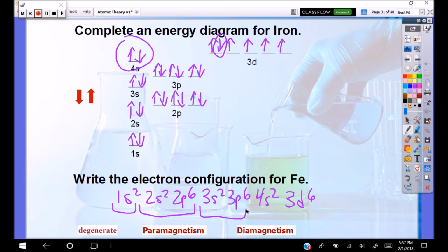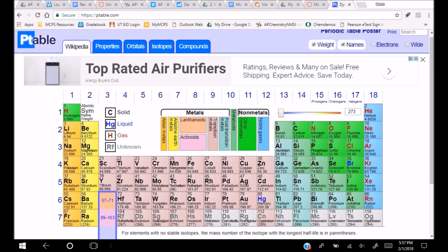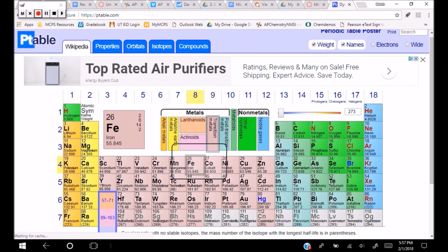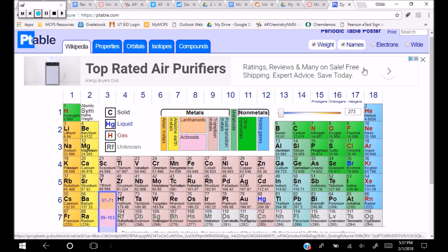If we wanted to use a shortcut, let's find iron on the periodic table. All right, here's iron. Let's find the previous noble gas. The previous noble gas, if we go back, is argon. We know that the only difference between argon and iron in terms of electrons is that iron has 8 more electrons.